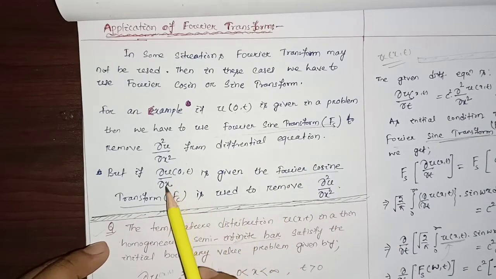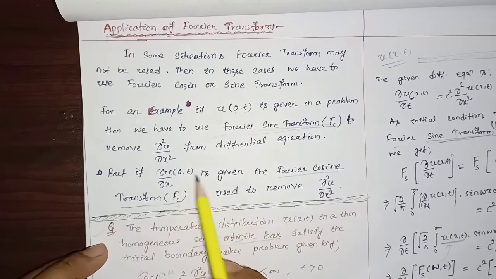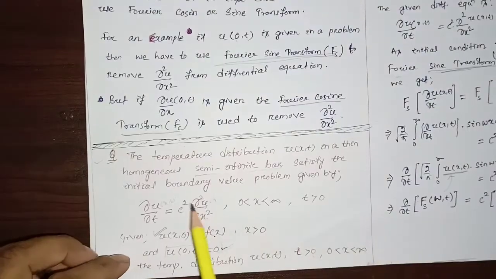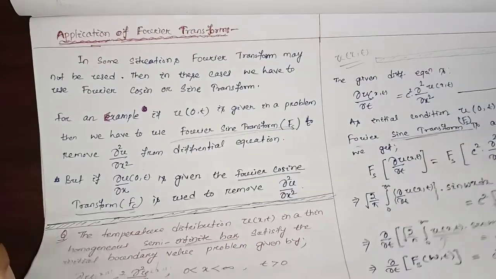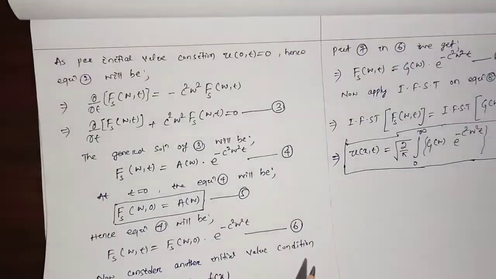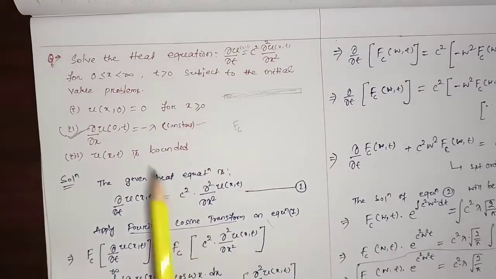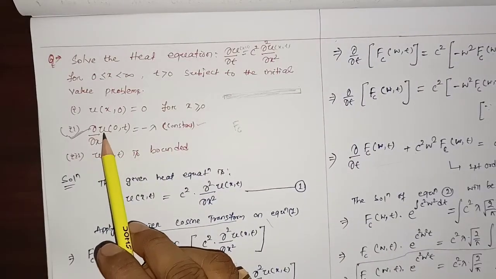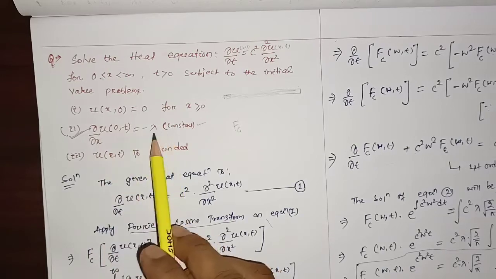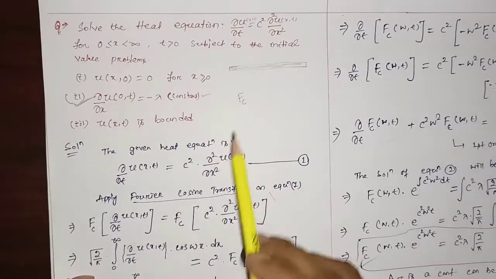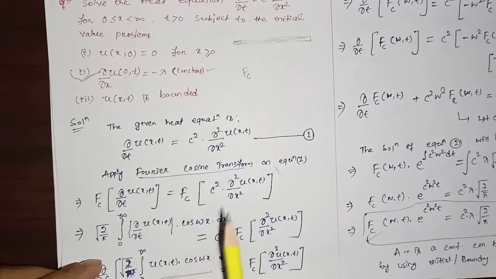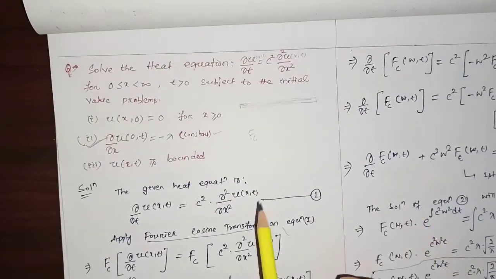If del by del x of u(0,t) is given, then Fourier cosine transform we have to apply. In our last class we discussed in detail that here del by del x of u(0,t) is given as a constant, so Fourier cosine transform will be applied for that question.